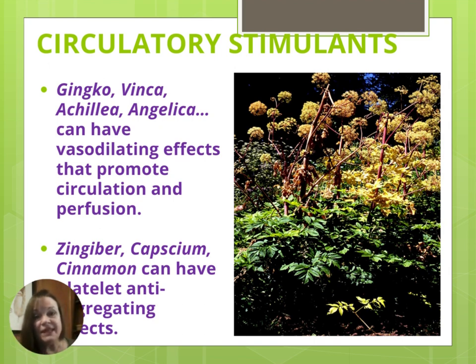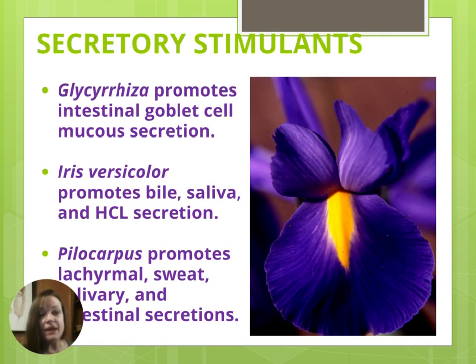They inhibit platelet activity, making platelets less sticky and gummy and inflammatory in the bloodstream. They're platelet anti-aggregators. And then some of the hot spices that are circulatory stimulants include ginger, cayenne, cinnamon, that we would also consider adding into a formula in smaller amounts.